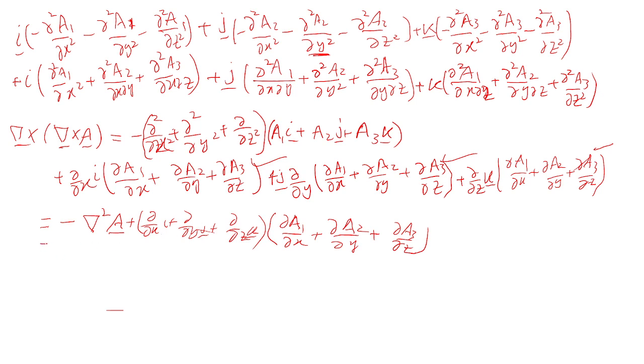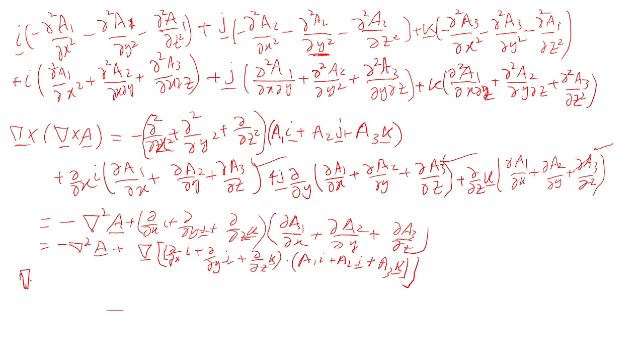You see this is minus nabla square A, this is gradient, and inside the bracket I have, let me write it, partial by partial x i, partial by partial y j, and partial by partial z k vector, and dot with a1 i, a2 j, and a3 k, grad.